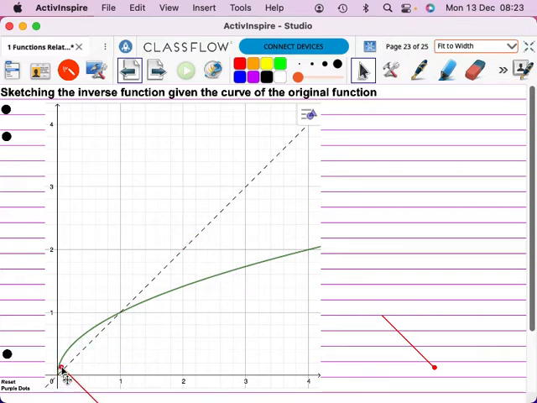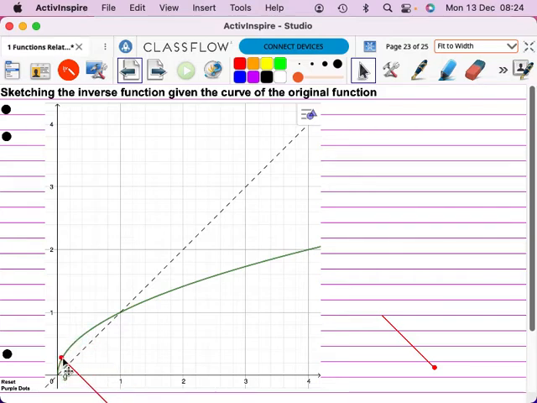When you reflect a curve, what you're really doing is reflecting points on the curve. And for a reflection, the line of transformation must be perpendicular to the mirror line. So for axial symmetry, the line of transformation has to be perpendicular to the mirror line.